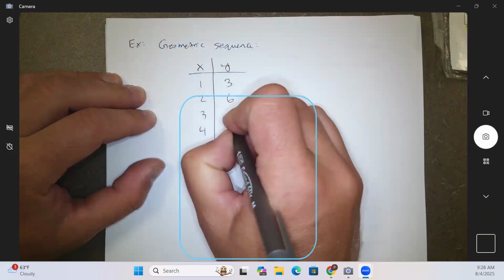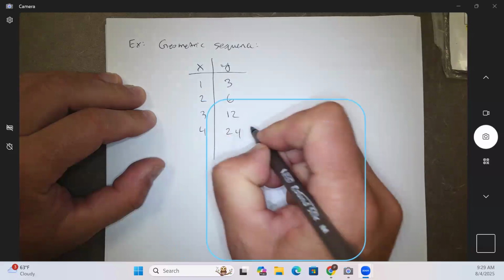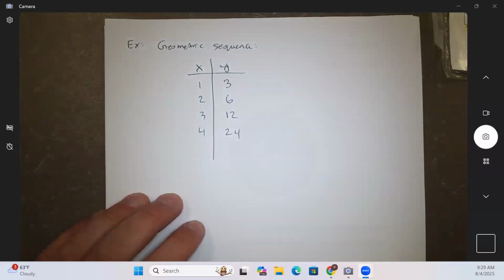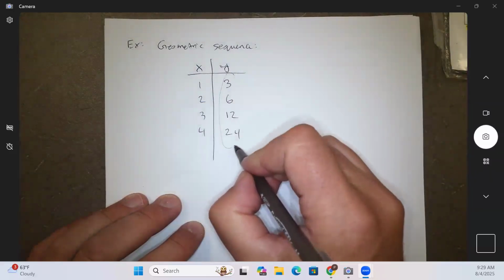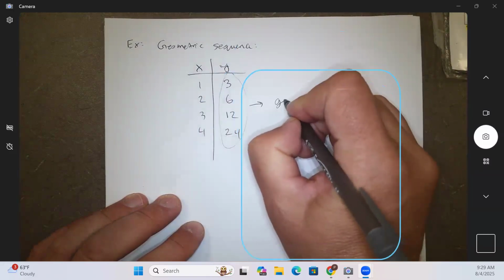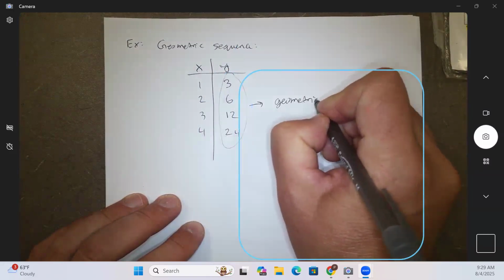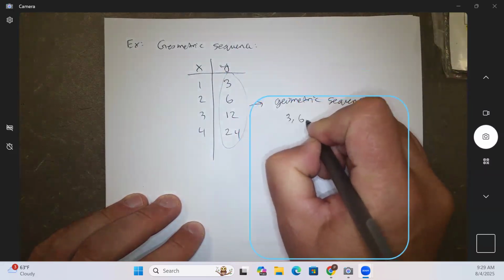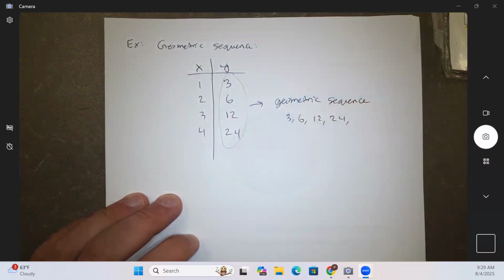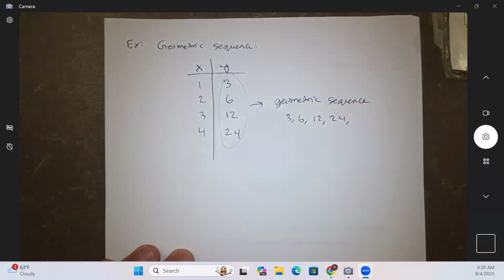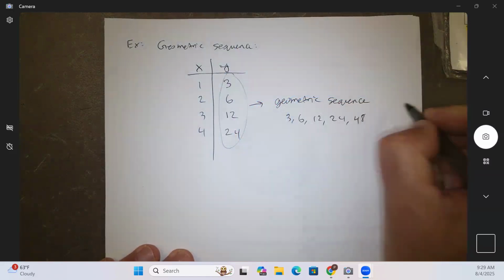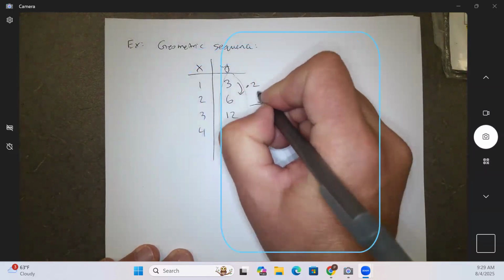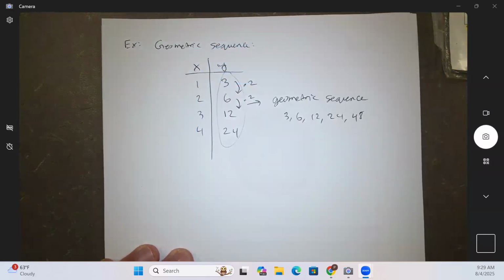Three, 6, 12, 24. That right there is a geometric sequence. 3, 6, 12, 24. Well, what comes next? 48, exactly. Because what am I doing? I'm multiplying by 2 each time.